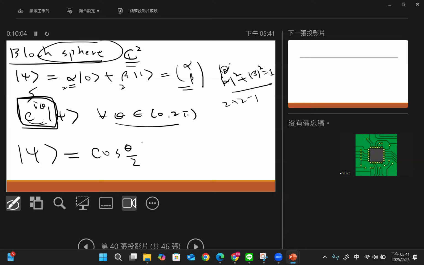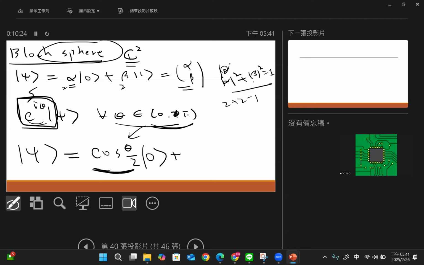Let's say theta is from 0 to pi here, because I can always choose it to be positive. Now, if I choose this, then beta needs to satisfy that the squares sum to 1. So the absolute value of beta must be sine theta divided by 2.